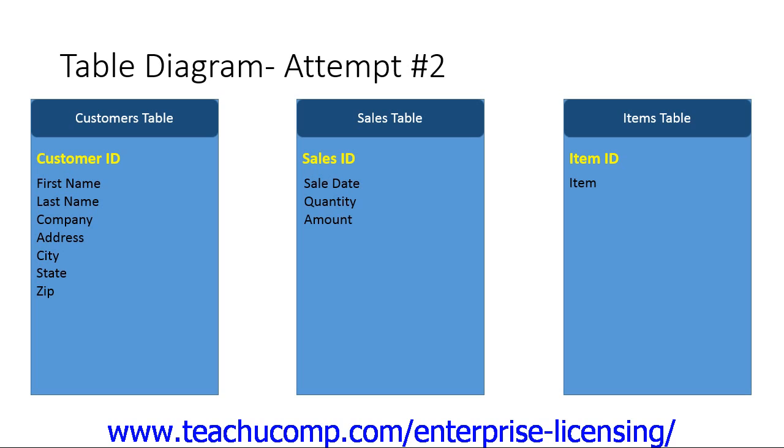What you need to do is find a way to join the many side of this relationship to the one side of the relationship. You need to relate each entry in the sales table to a customer in the customers table. In order to join tables, the tables must have a shared or common field between them.